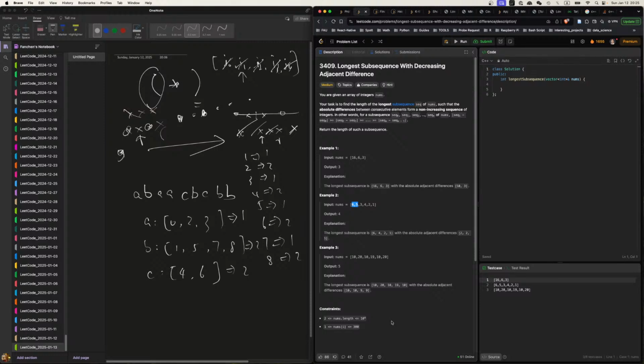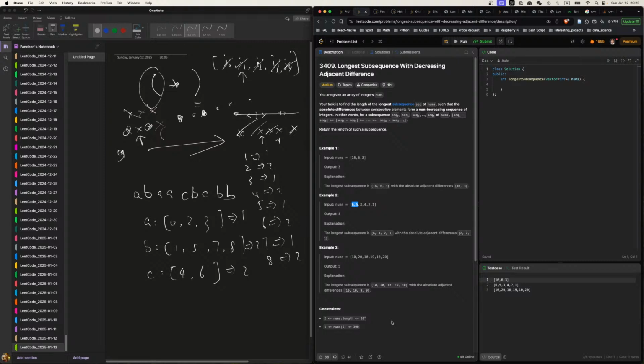So up until, I can say, the longest subsequence from 0 to nums[i]. But how does that help? If I have the longest subsequence of a previous one, from the start to any one of them, we only know the length.